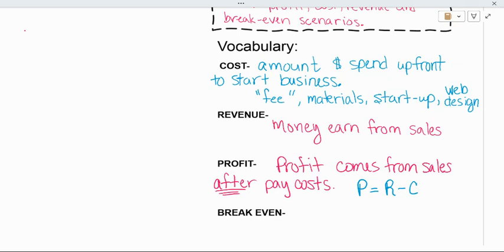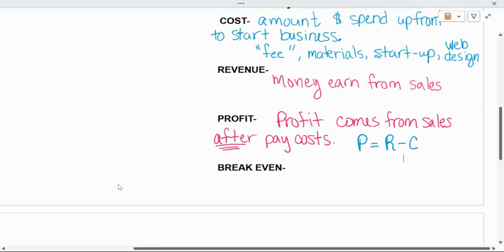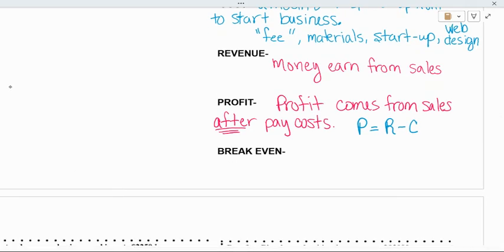What do you think it means to break even? Kenna? I think it's like when you buy something and you sell it for the same amount as you bought it for, kind of thing. Okay, so we're not really buying something, we're actually going to create something.